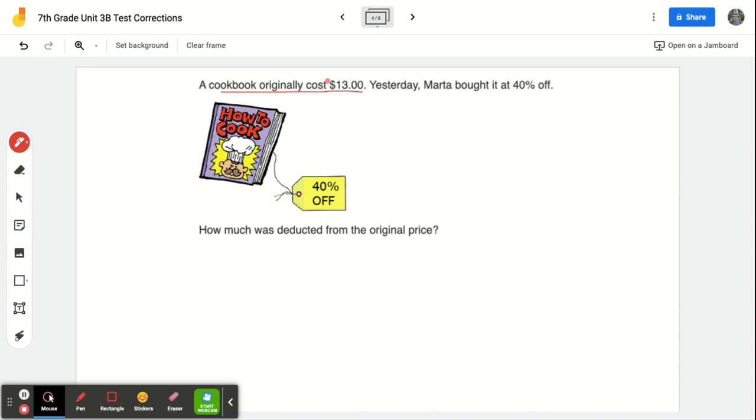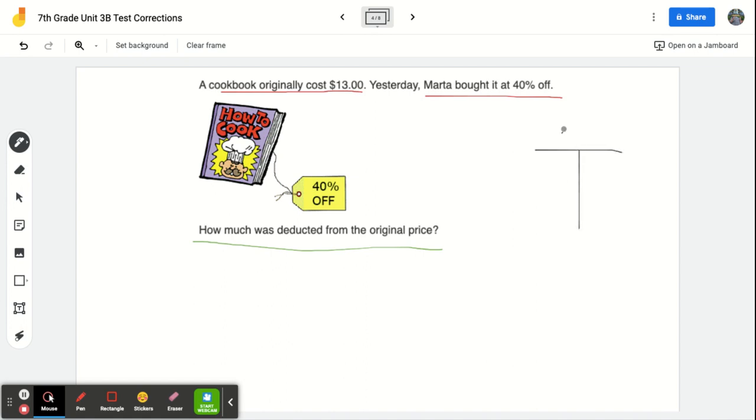This is the "of" number that we talked about, the whole. And then this is your percent off. So the question is, how much was deducted from the original price? The question isn't what are they going to pay later. It's how much is going to get taken off. So you're trying to find 40% of 13.